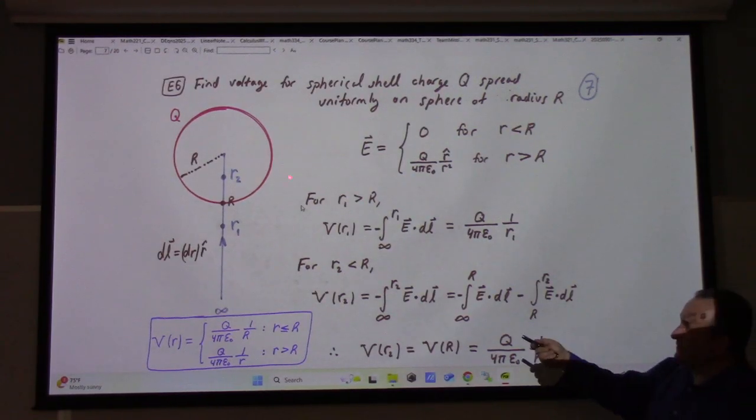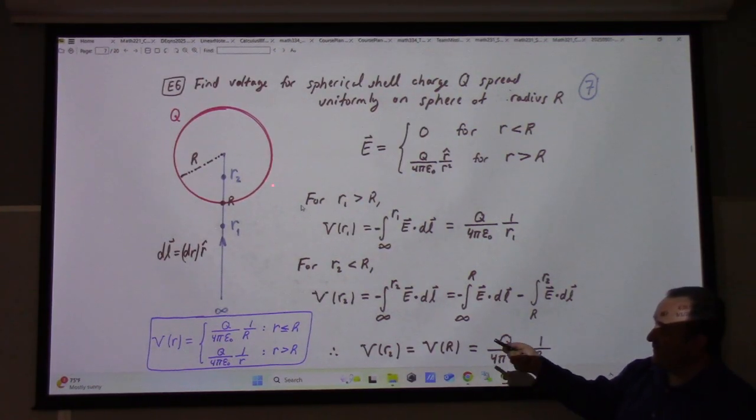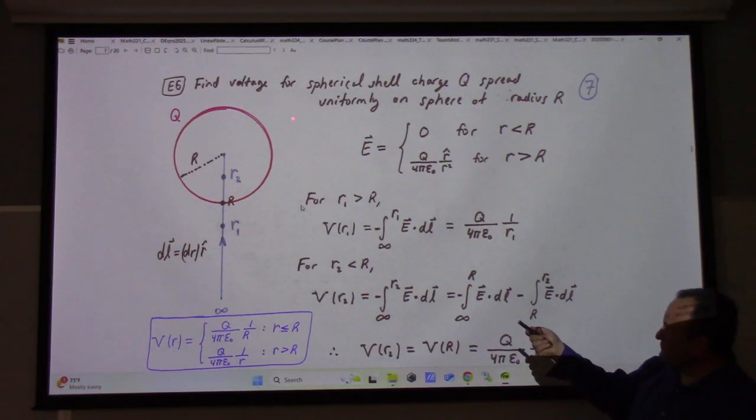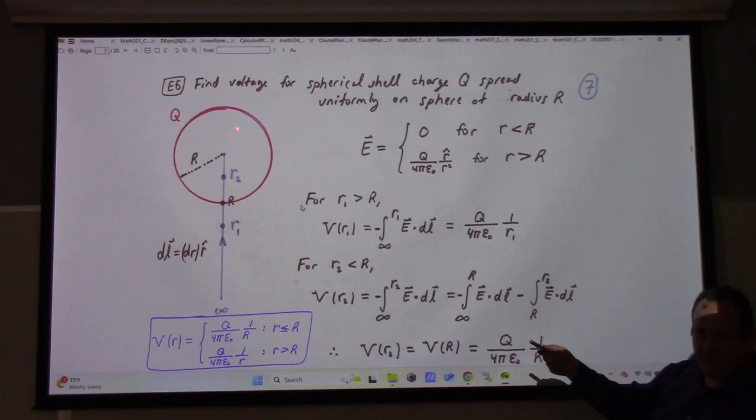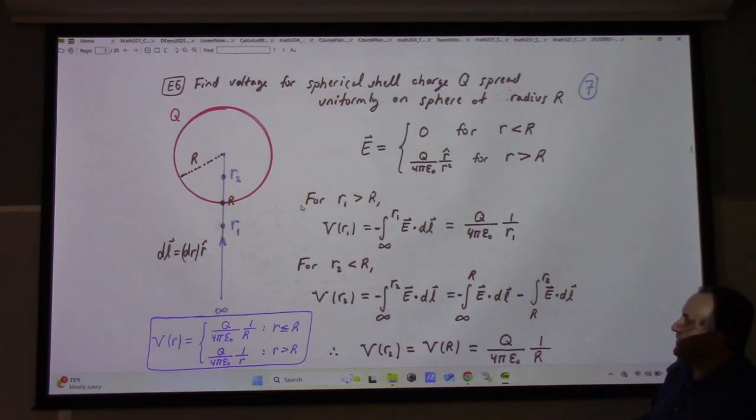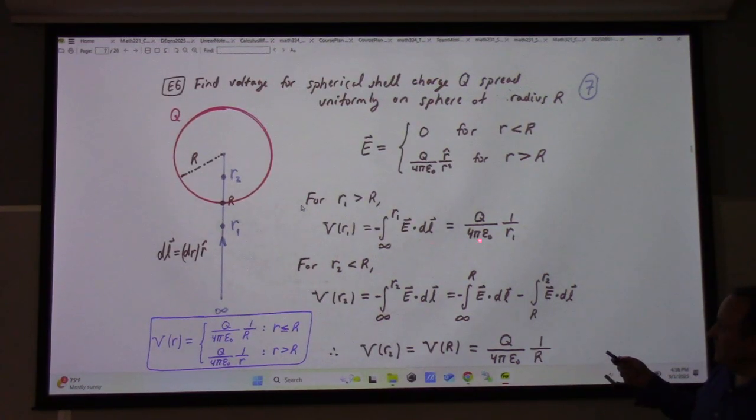Here I'm doing the spherical shell of charge. So I integrate from infinity to either R1 or R2. If I'm going just to R1, what's the electric field? Outside the sphere of charge, we know from Gauss's law it's just the Coulomb field, Q over 4 pi epsilon naught r hat over r squared. So for R1 greater than r, it's just the Coulomb potential.